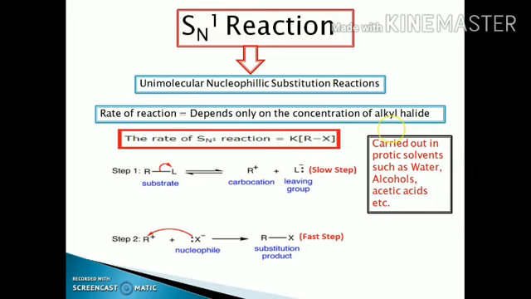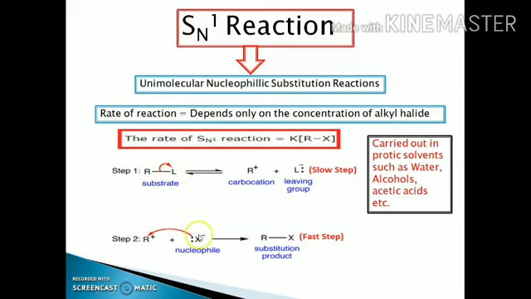The SN1 mechanism reactions are carried out in 2 steps. This is the first step: R-L is the alkyl halide. R represents the alkyl group and L represents the leaving group. The leaving group may be fluorine, chlorine, bromine and iodine.